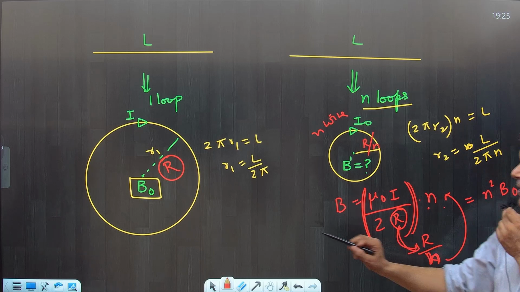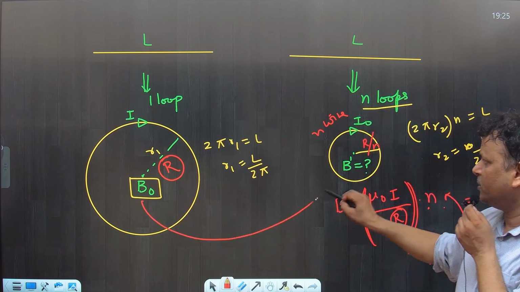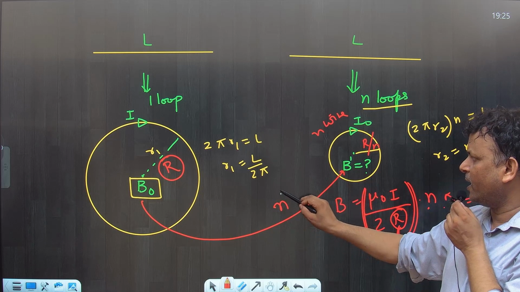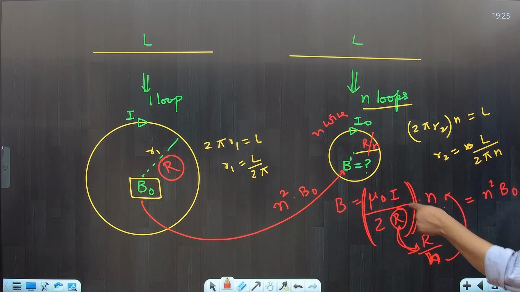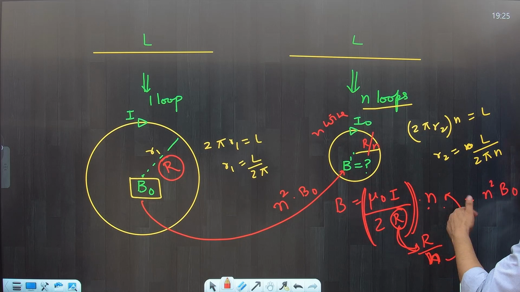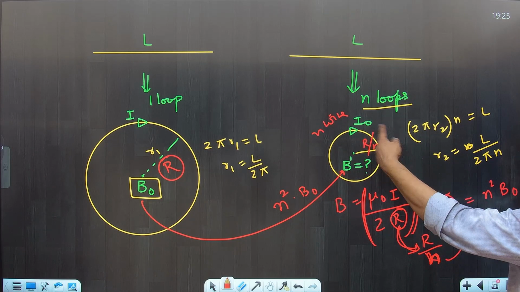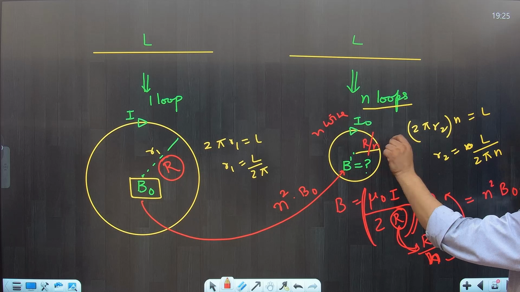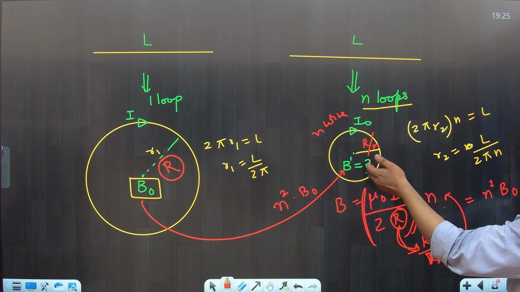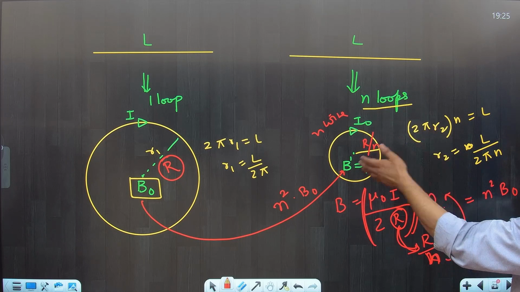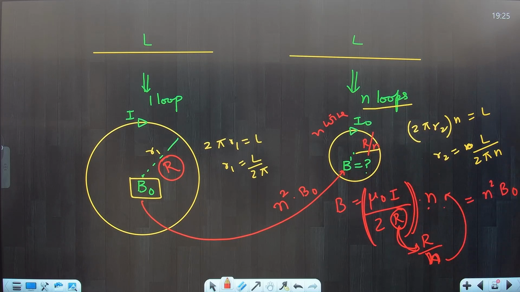So if magnetic field at this point is b0, then at this point it will be n square times b0, because there are 2 factors. Radius becomes r by n, and you have multiplied by n, because there are n loops and each loop has its own effect on its center, so it will add up. If there are 10 loops, you will multiply by 10. If there are 100 loops, you will multiply by 100, right?